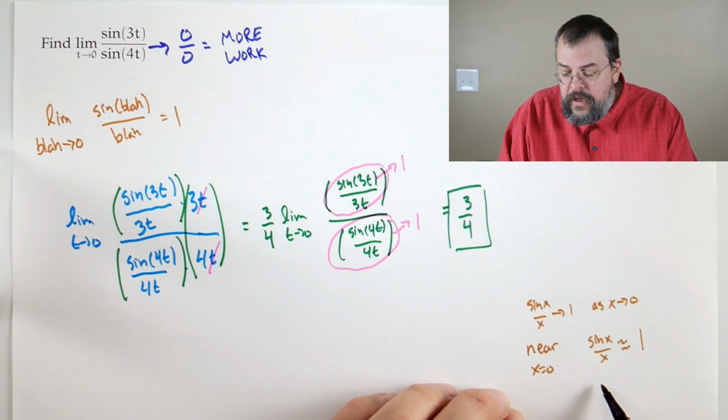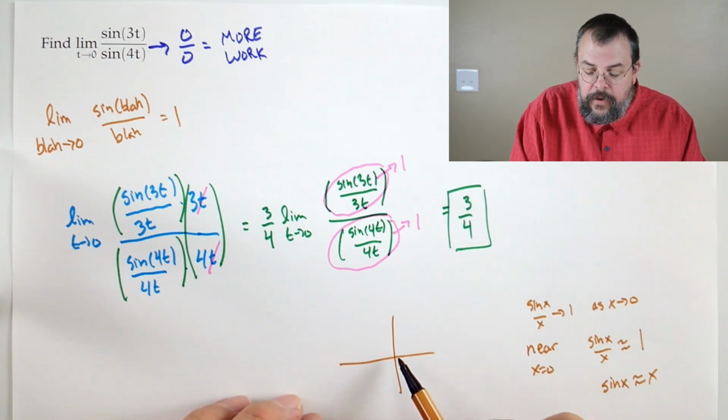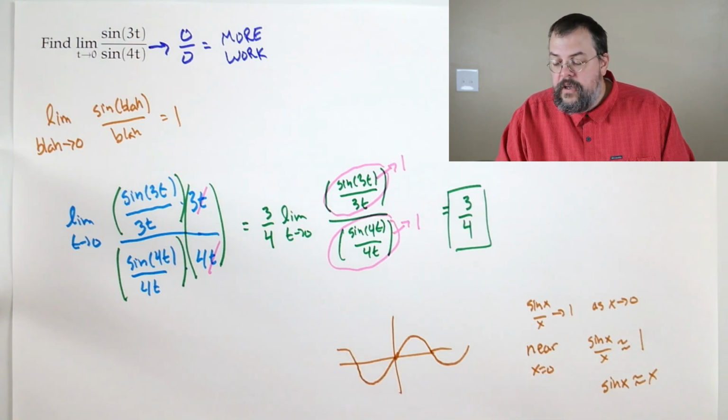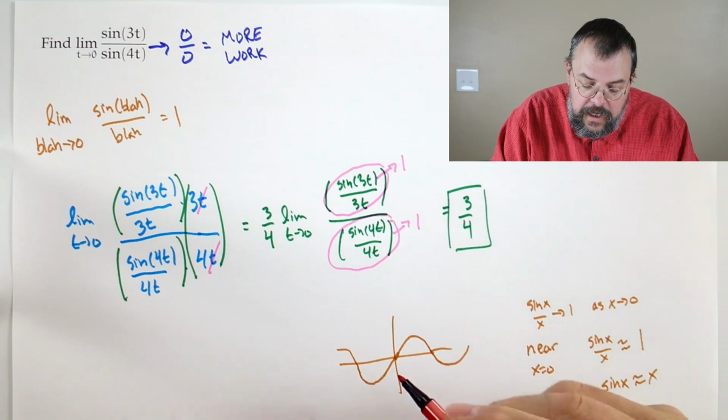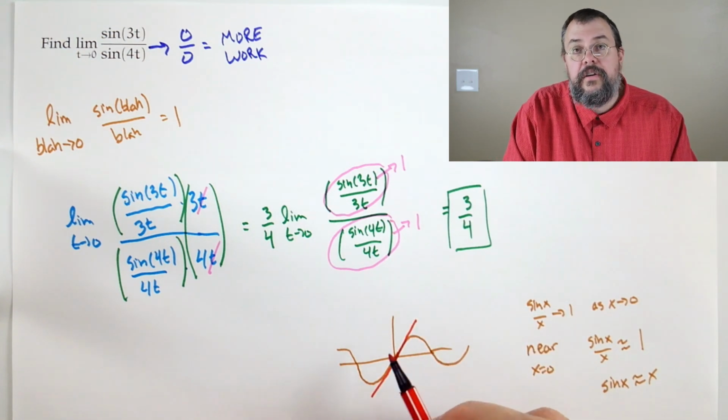So another way to say that is that sine of x is approximately x.